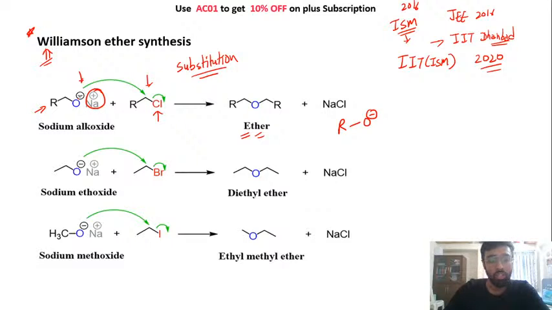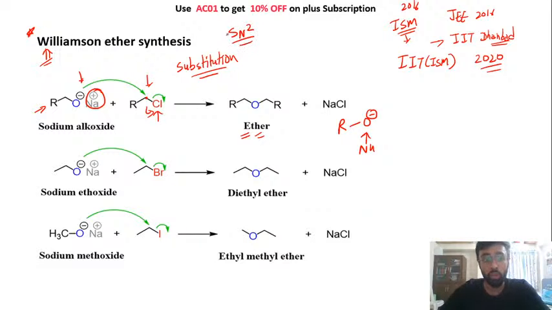Now this negative charge can act as a nucleophile. We have a chlorine, and we know that halogens have a tendency to leave. So this O negative can attack this carbon and this chlorine will leave, right? Simple, this is a substitution reaction. This is like your SN2 reaction mechanism.